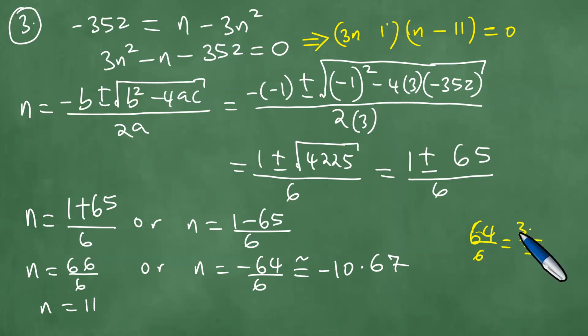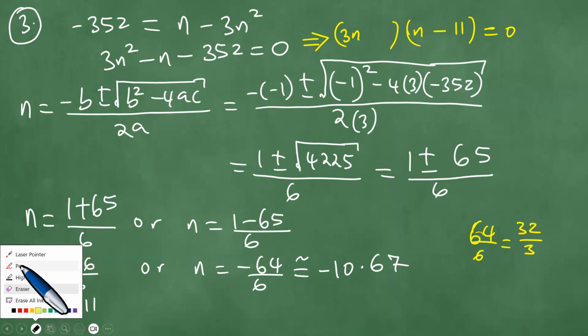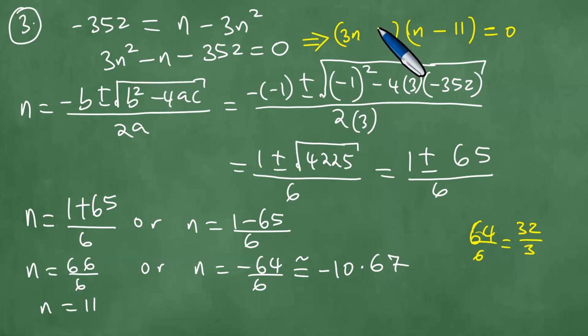Divide by 2, you have 32. So you can put a 32 here, and a minus like this.